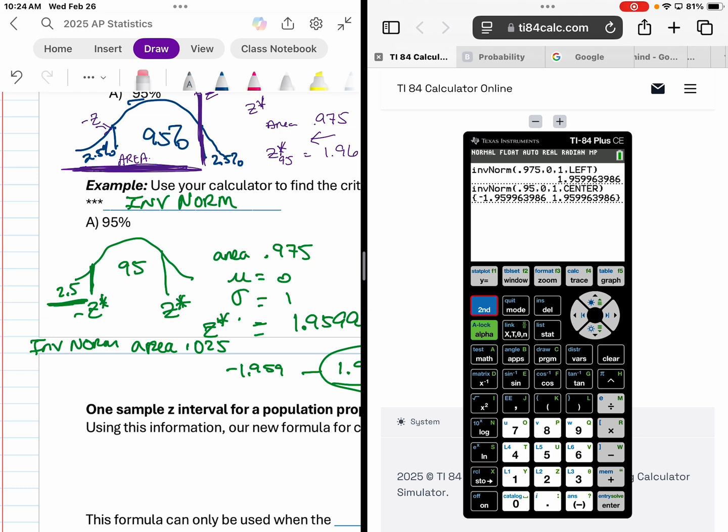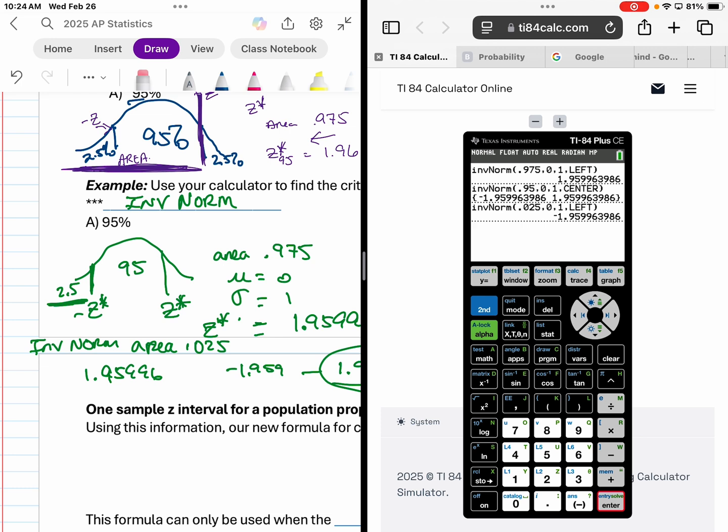It would just be negative, we just drop the negative. So you could just do what's on the left side of the interval, not inverse t, say 0.025 and go left, and that gives me my negative, and then I drop it and use 1.95996 in my formula. So you can do it that way as well, just remember you're dropping the negative.